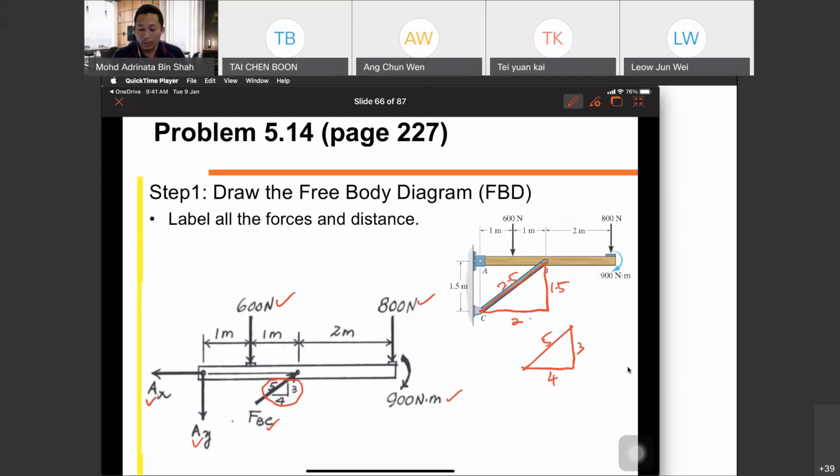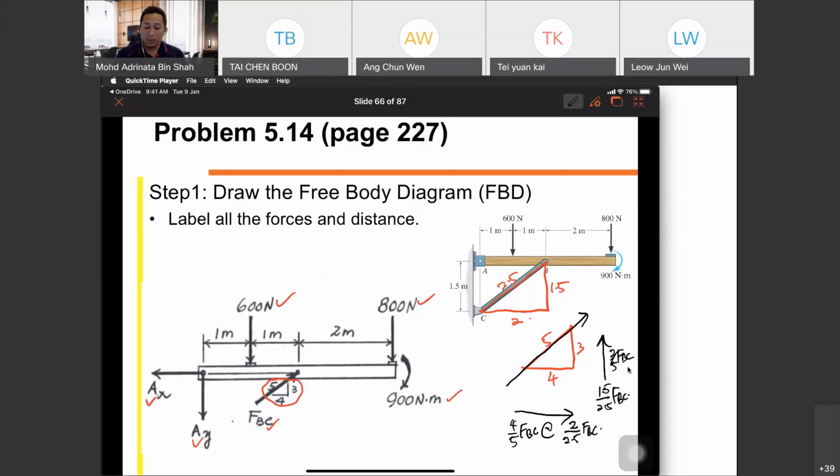So you can use it for your force. For the x direction, you can use 4/5 FBC, or also 2/2.5 FBC. It's the same, you can use it. And for the y direction, 3/5 FBC or 1.5/2.5 FBC.